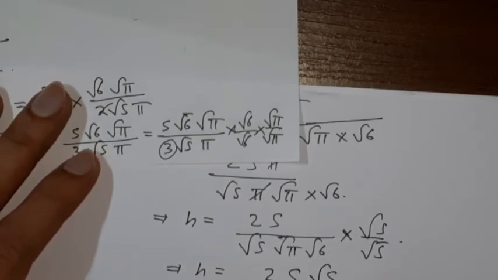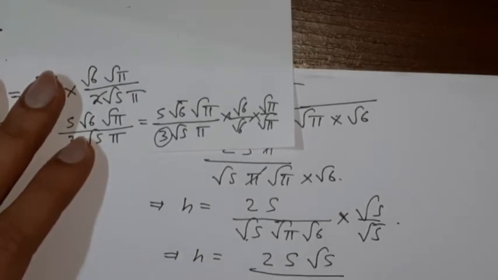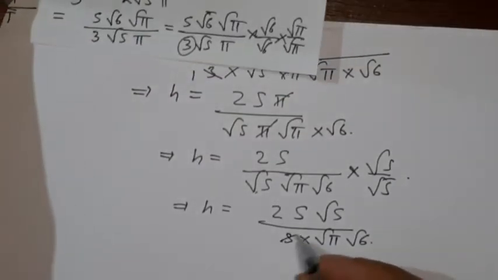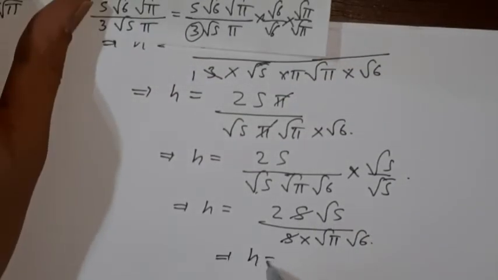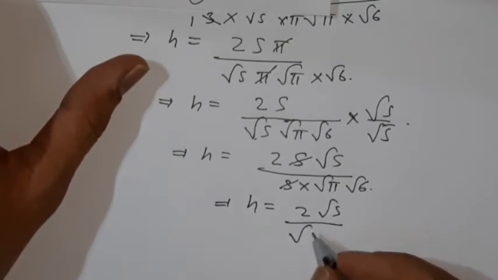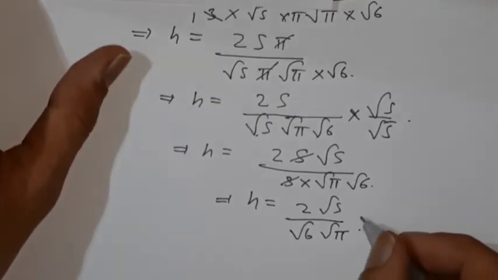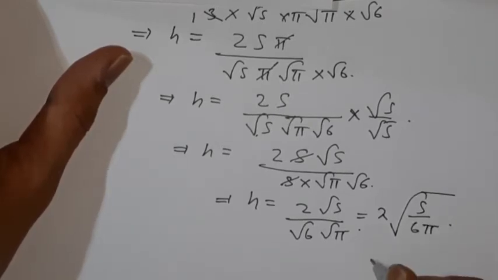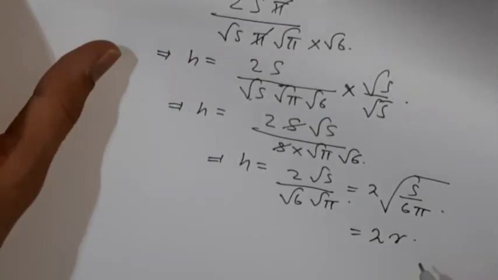2s root s divided by root s multiplied by root s is s, multiplied by root pi multiplied by root 6. Okay, here, right? So s and s will get cancelled. We will get h equal to what? 2 times root s divided by root 6 root pi. Okay, so this we can write as 2 times root of s divided by 6 pi, which is nothing but 2 times r, right?